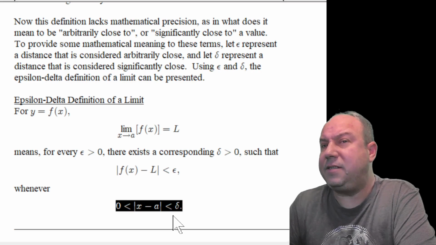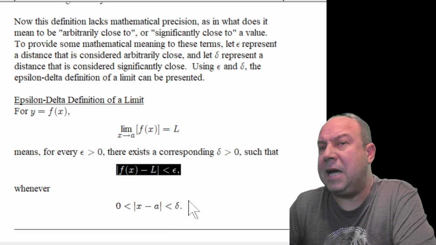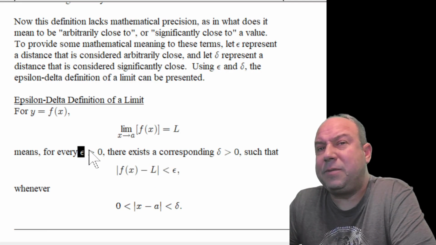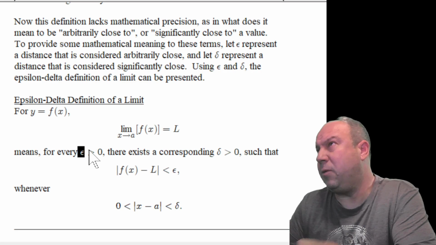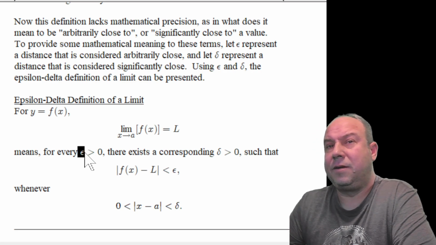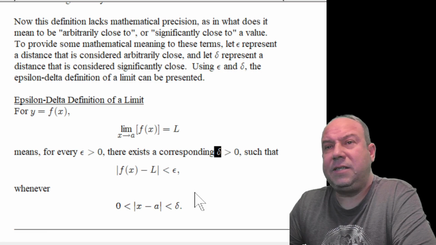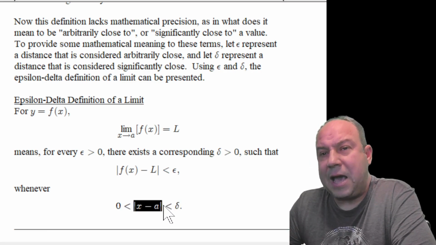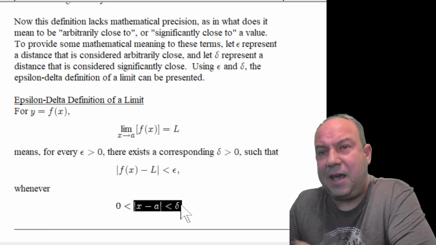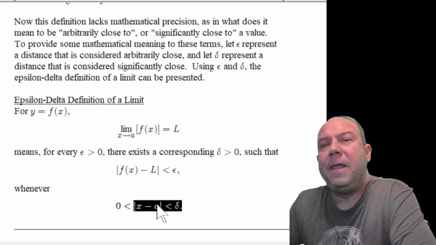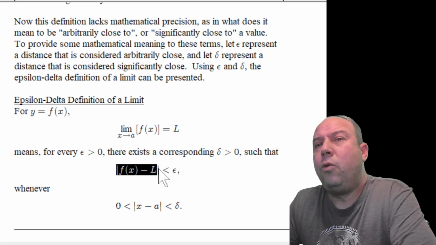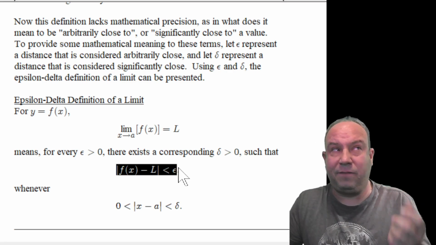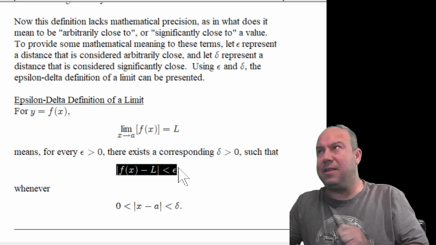This statement always implies this is going to occur, no matter what size epsilon we happen to be given. Delta will always exist, corresponding to epsilon, such that when the absolute difference between x and a is less than that delta, the absolute difference between the output of the function f at that x and our limit's value will be less than that epsilon.